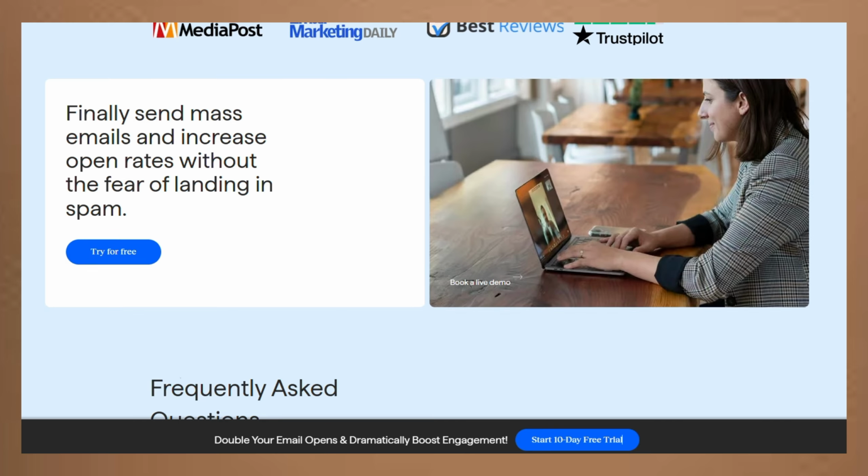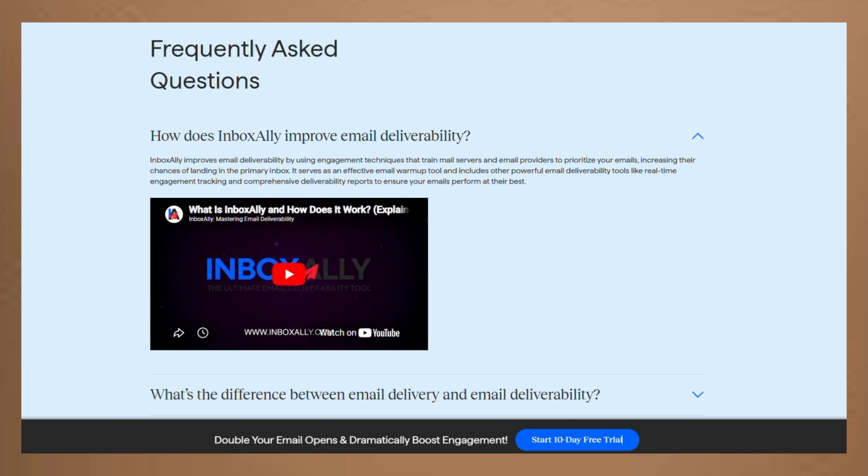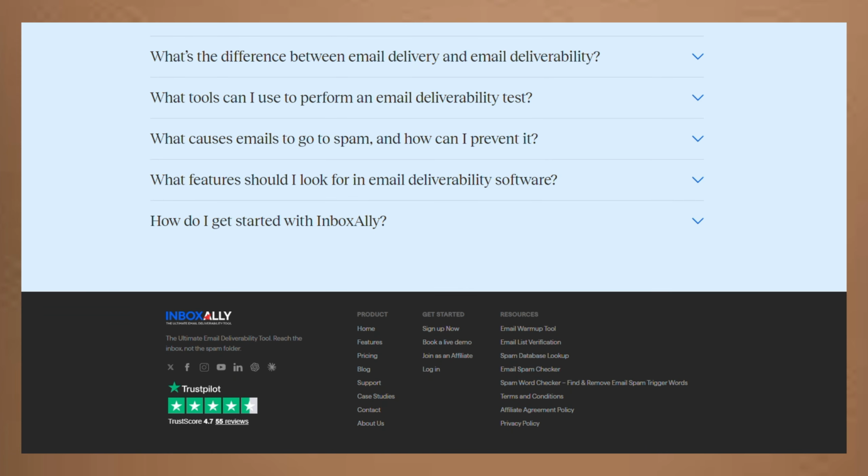So instead of just waiting around hoping that reputation would recover naturally by doing what I just mentioned, I started generating more positive behavioral activity with the tool. So when it came to opens, replies, emails being pulled from spam, messages being marked as important, I genuinely think that this helped accelerate recovery quite a bit, especially with the Gmail placement.